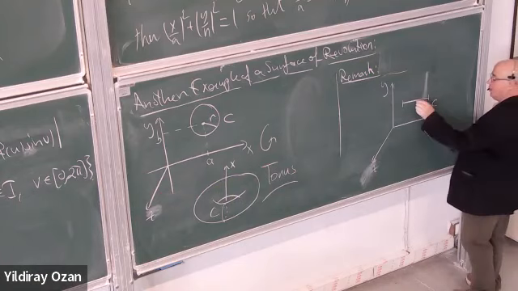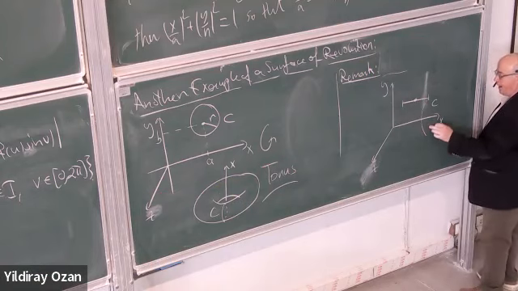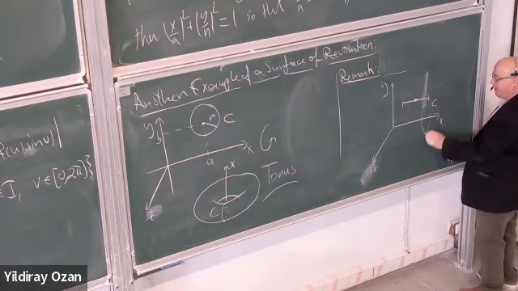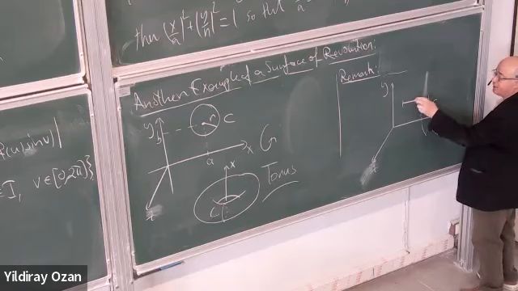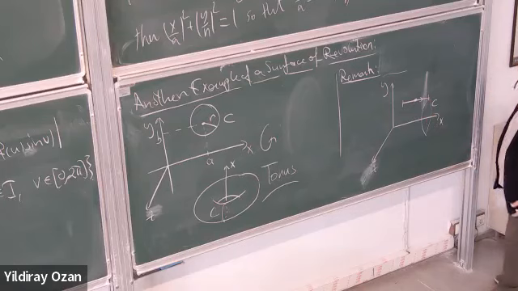Let me do it this way. What I do is this. I rotate along the x-axis. I also rotate this line segment, okay? So that when I complete one revolution, this line segment will be turned 180 degrees.